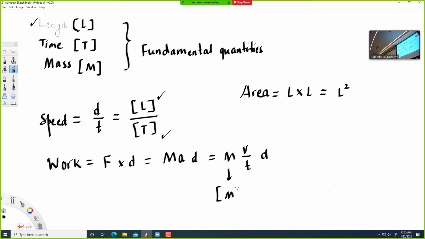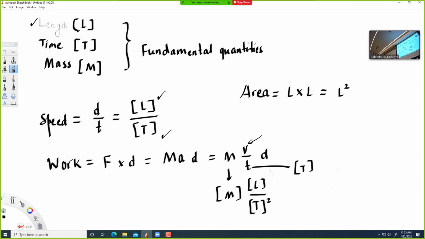Okay, so mass is m. Velocity, we just saw that velocity is L over T. It's a derived quantity, L over T. So that's for the velocity. And then we have another T here. So this T and this T, so we have T squared.